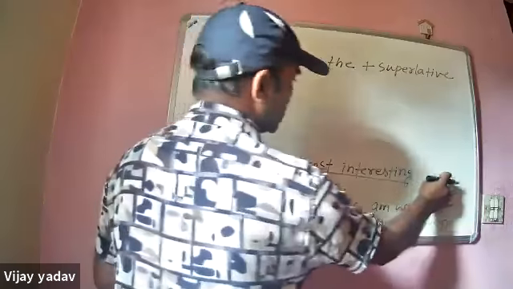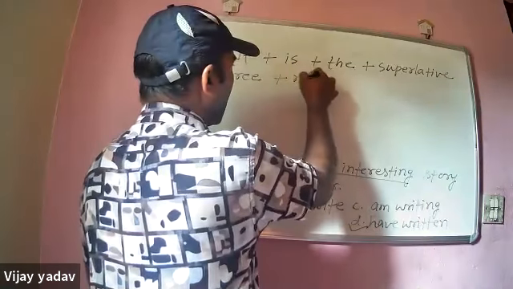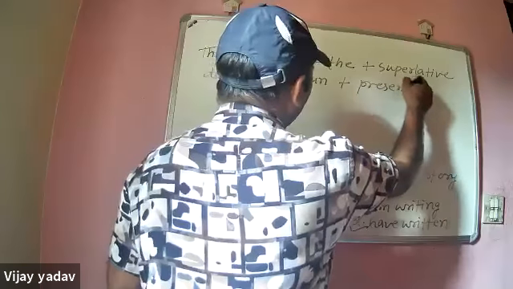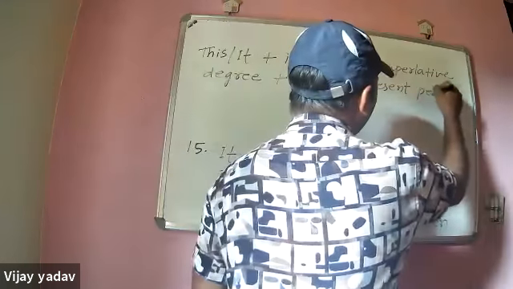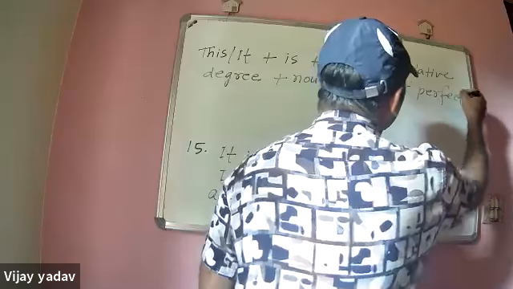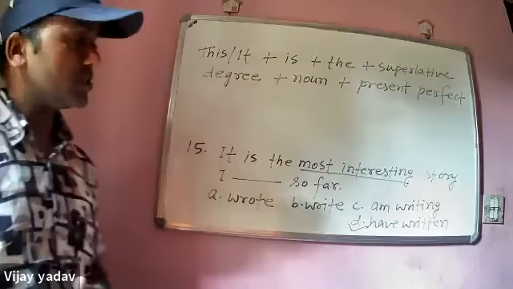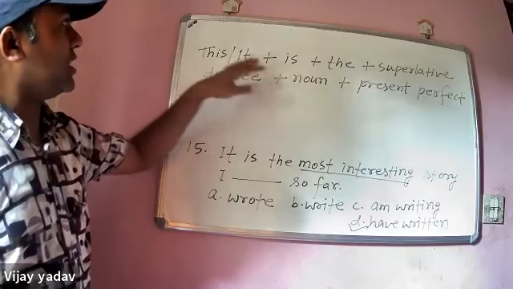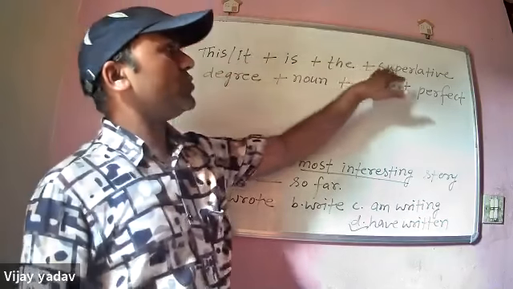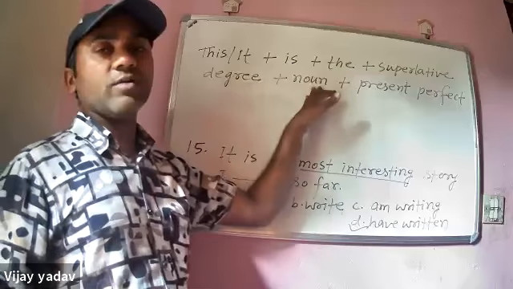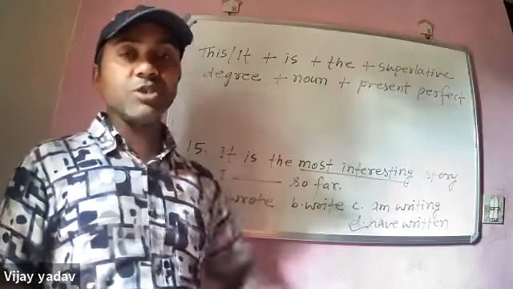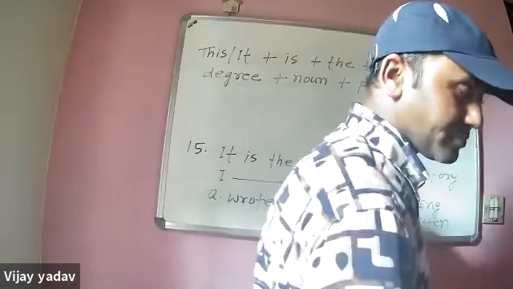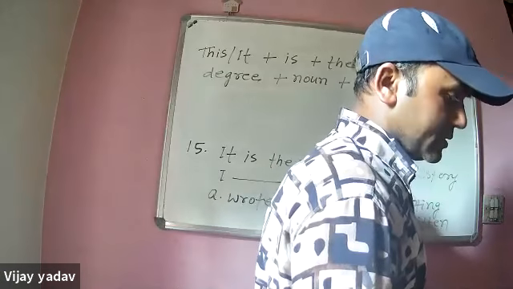And then we use story, noun. And then we use present perfect. Same structure. These are it, then each, then the, then superlative degree, and then noun. And after this much we use present perfect tense. Is it clear? Yes.